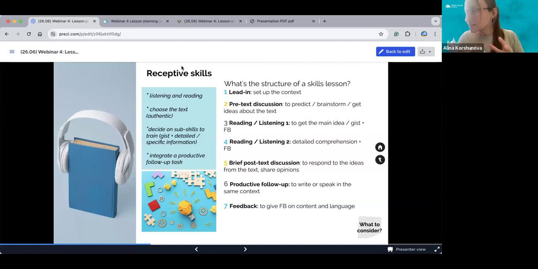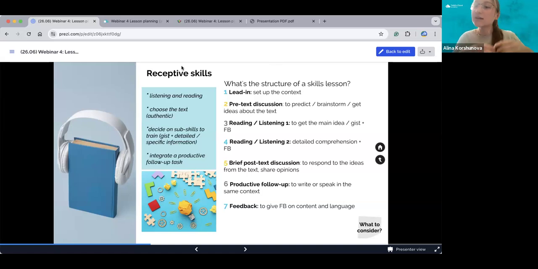If they read something like an academic article, they would like to spot some details, names, figures, or whatever that is written, specific information, scanning. So think for what purposes, in what way, this authentic text might be used in real life. And then based on that, you can decide what types of activities you want to include in your lesson.